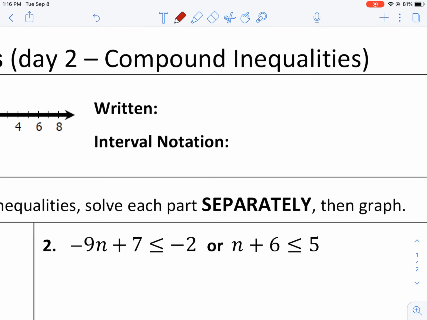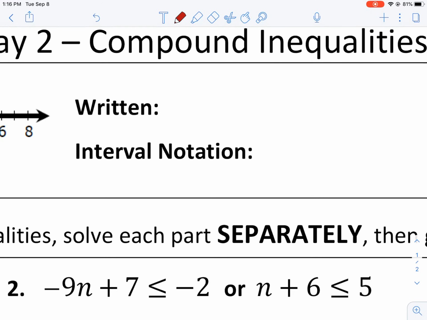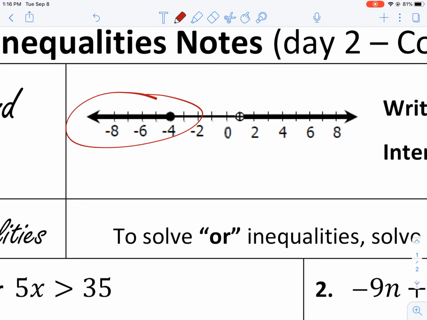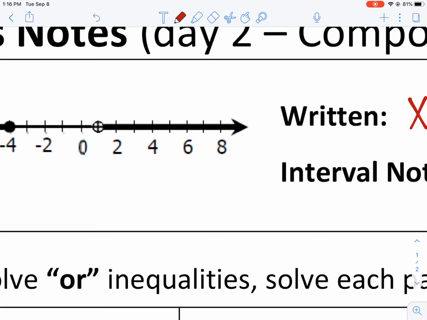So if we want to write this out, we've got our variable. So we've got x is less than or equal to -4. So that's our first arrow. And then we're going to look at our second one, and this time we have a dot here. It looks like at 1, it's an open dot, and it's going to the right, which means it's greater than 1.